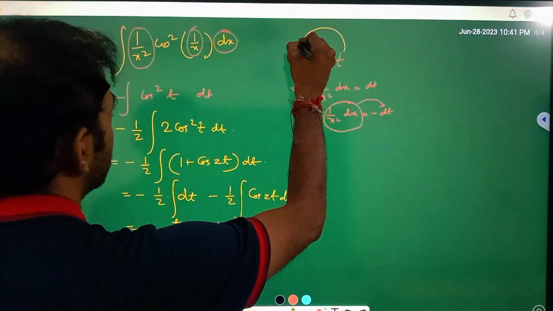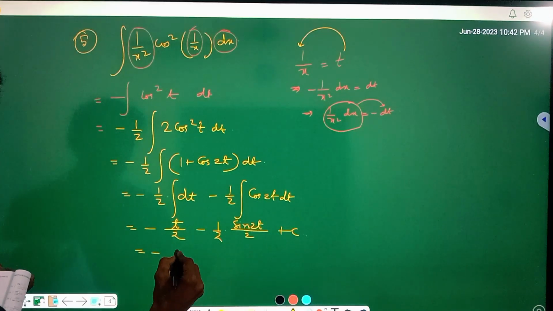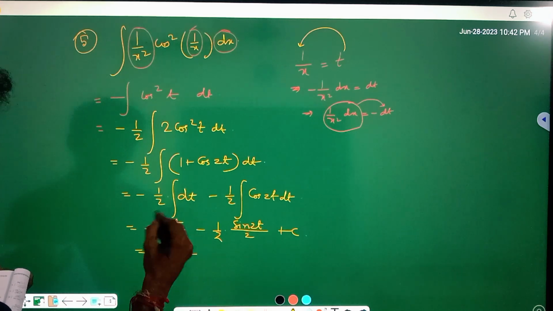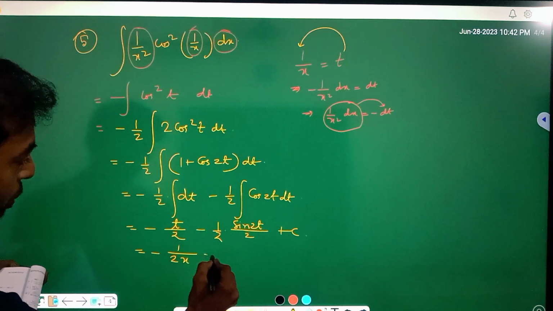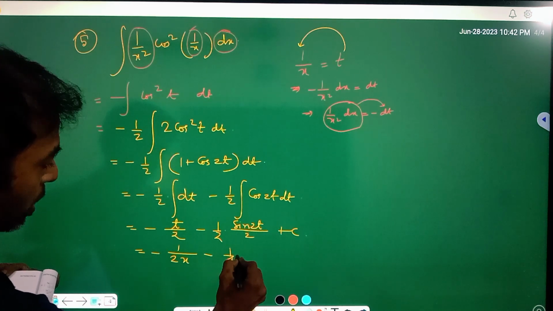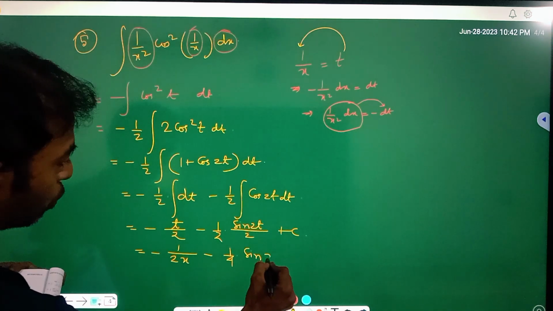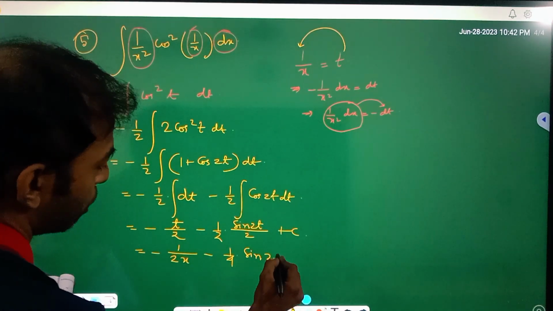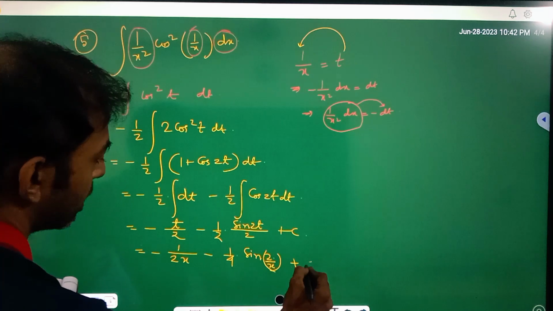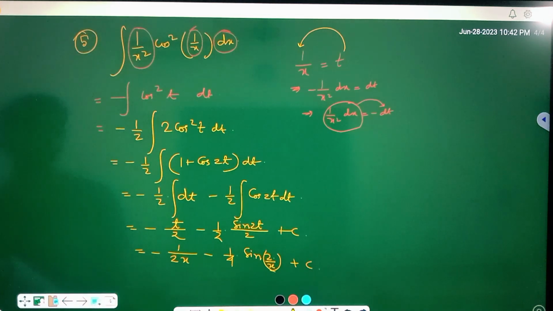Now we have considered t as 1 by x. So after putting the value of t, the final result will be minus of 1 by 2x minus of 1 by 4 into sine 2 by x plus c. That's our problem. Very easy problem, but a little bit tricky.